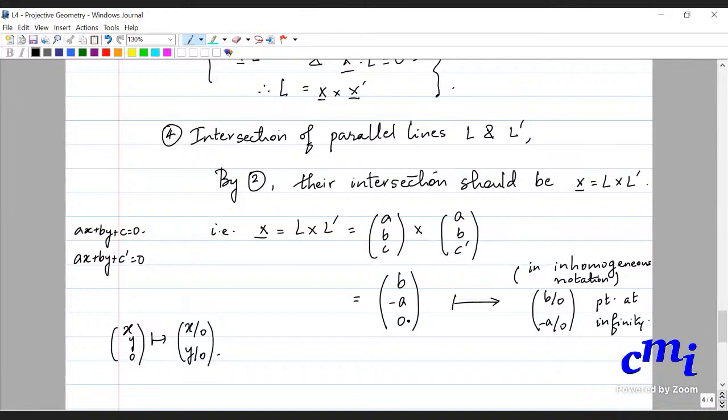Okay, so having this third component 0 corresponds to having points at infinity. Okay, any questions? You can take maybe 10 seconds, let this sink into your mind, and then you can ask a question if you have any.